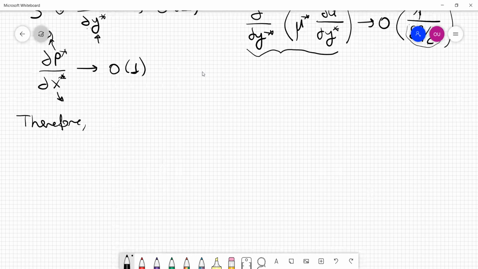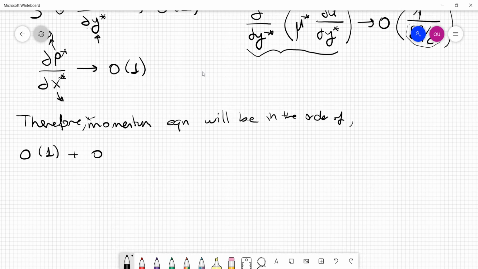The x momentum equation will be in the order of: the first term order of 1, the second term order of 1, and the dp dx term multiplied by 1 over gamma M infinity square, where dp dx itself is order of 1.